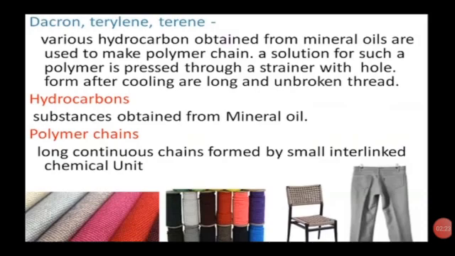Different types of chemicals are used to make threads of various properties. These different threads have been named variously as dacron, terylene, terene, etc. Hydrocarbon: the substance obtained from mineral oil. Polymer chains: long continuous chains formed by small interlinked chemical units.